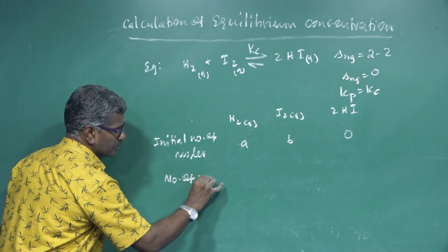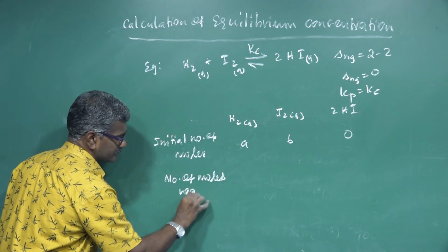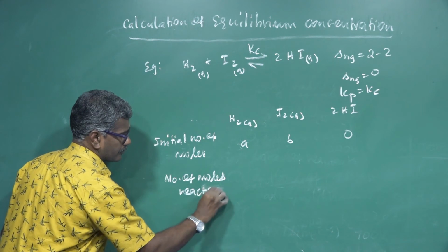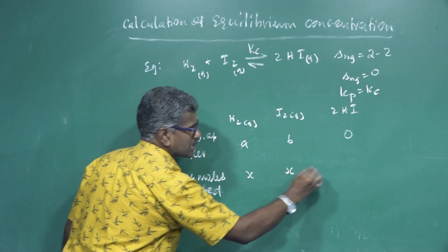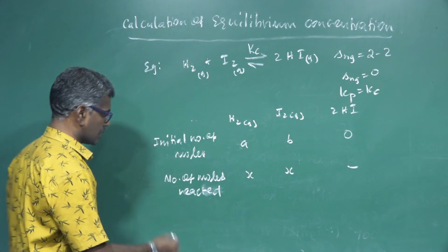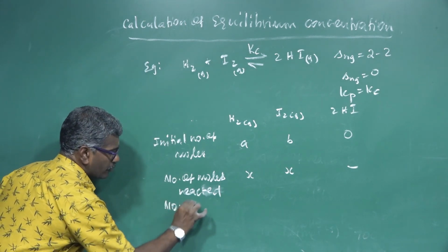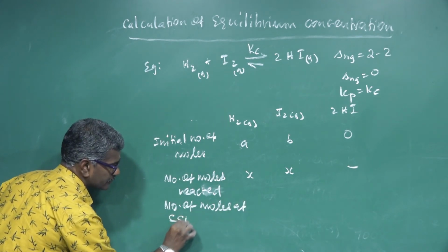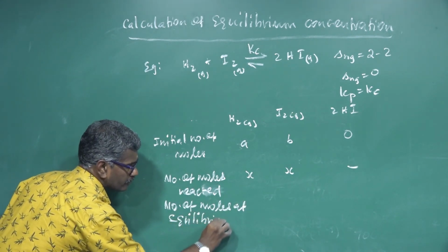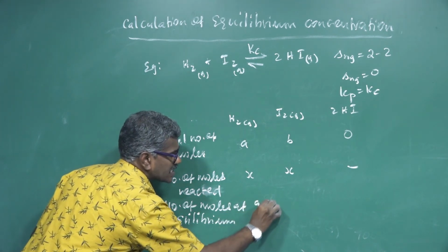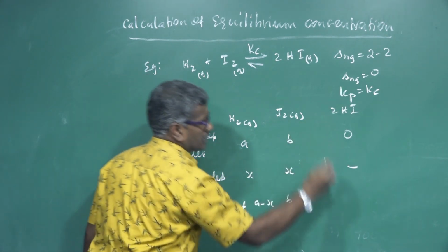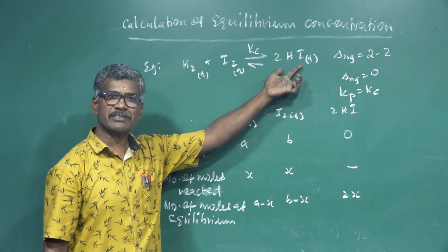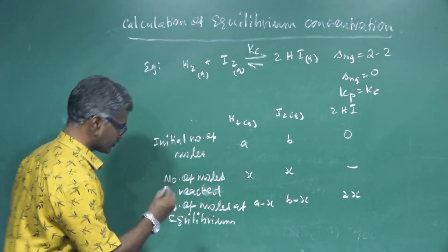Number of moles reacted is x. Number of moles at equilibrium: A minus x, B minus x, and 2x. At equilibrium, the rate of the forward reaction is equal to the rate of the backward reaction.